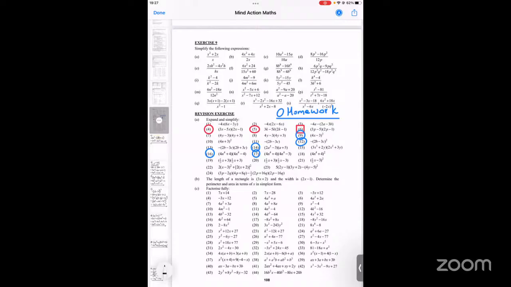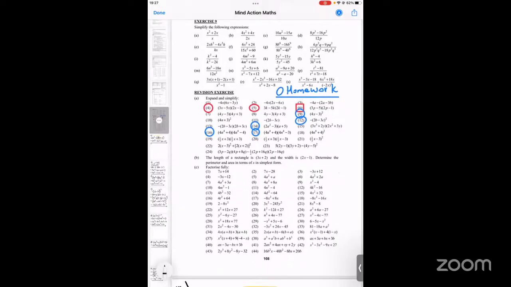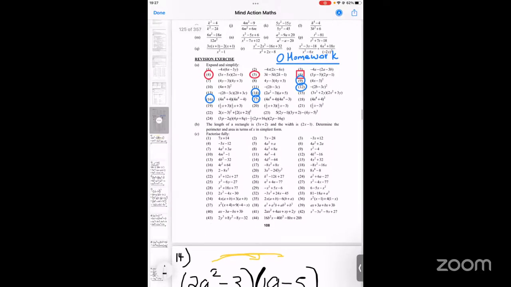Yes, number 17 is almost the same as number 16 except that it is negative 3. No, that question was not even necessary.